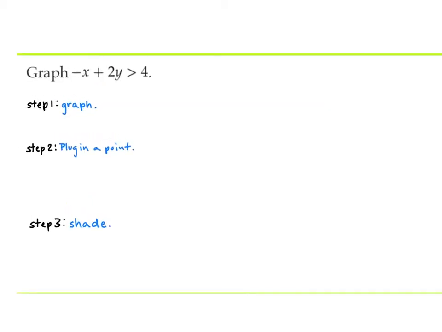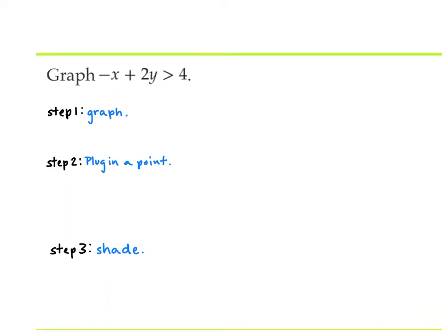All right. So step 1, we need a graph. So in order to graph, we want our equation to be y is equal to mx plus b. So we need to rearrange our equation. What can we do to get this to y equals? Add x to both sides. So 2y is equal to x plus 4. Now what can I do to get rid of this 2?